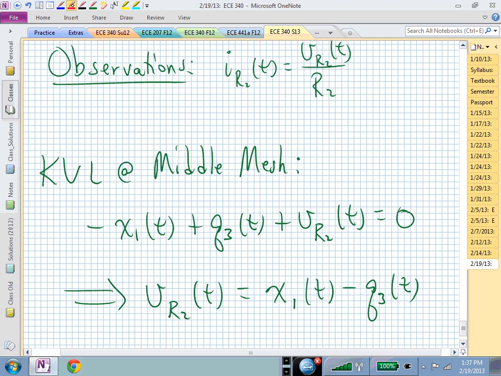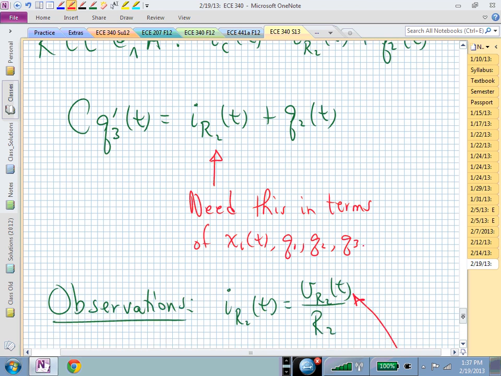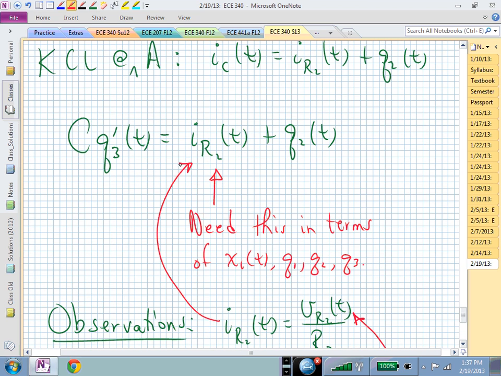That can now be placed up here, and that I sub R sub 2 can be placed right there. Can we put all of those pieces together?